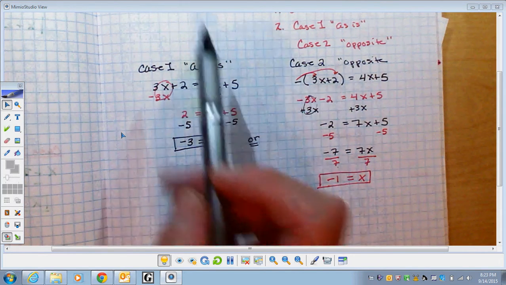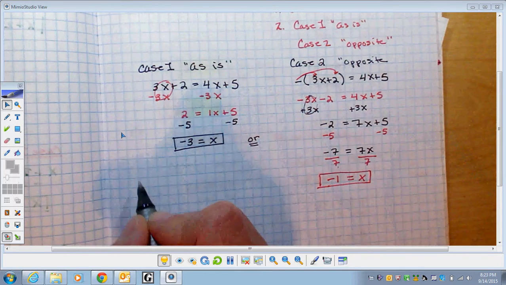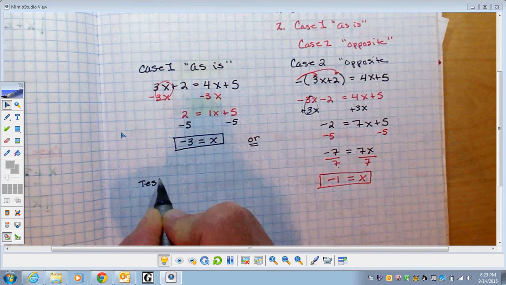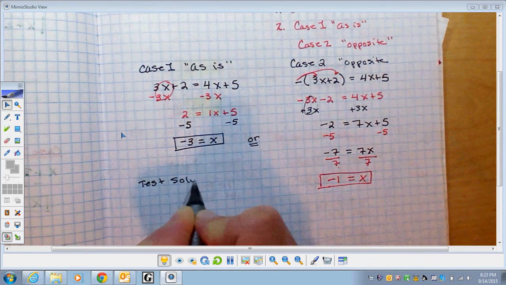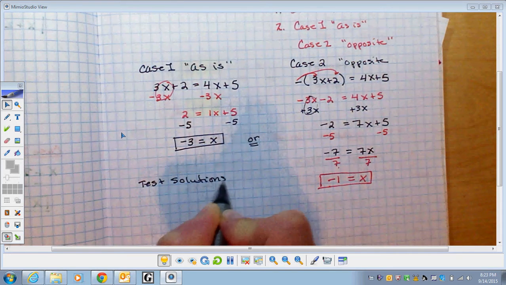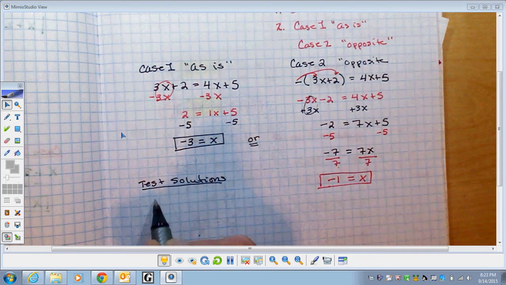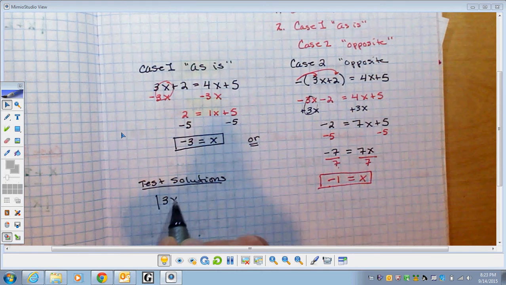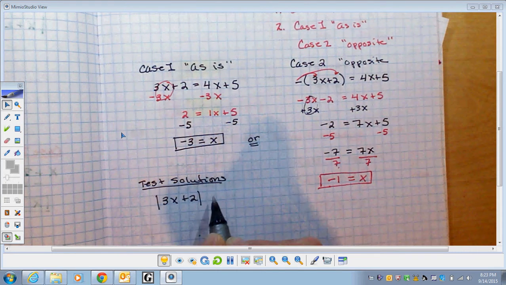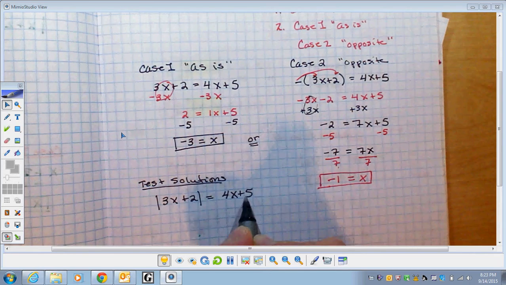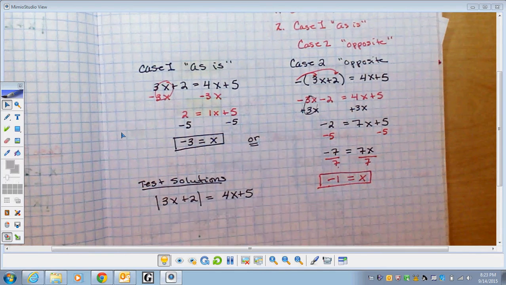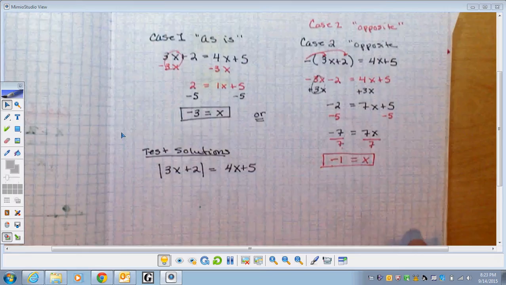So I'm going to go back to my original. So I have to test the solutions. By the way, anytime you have an absolute value expression equal to an expression, you might have an extraneous solution.